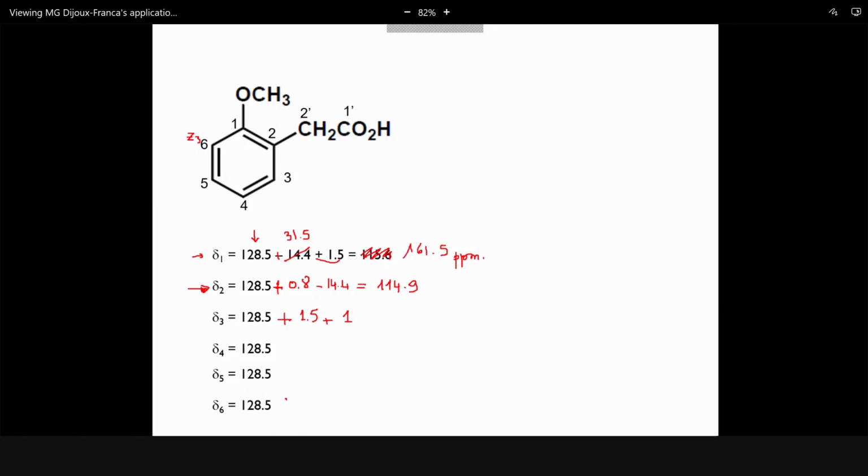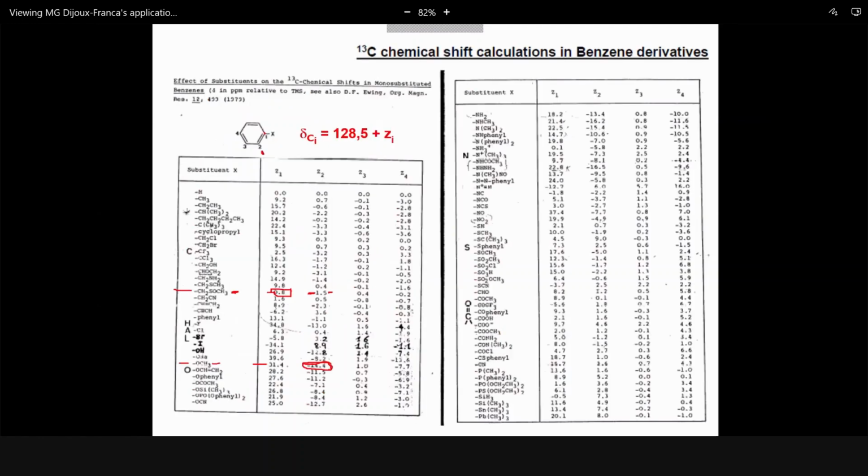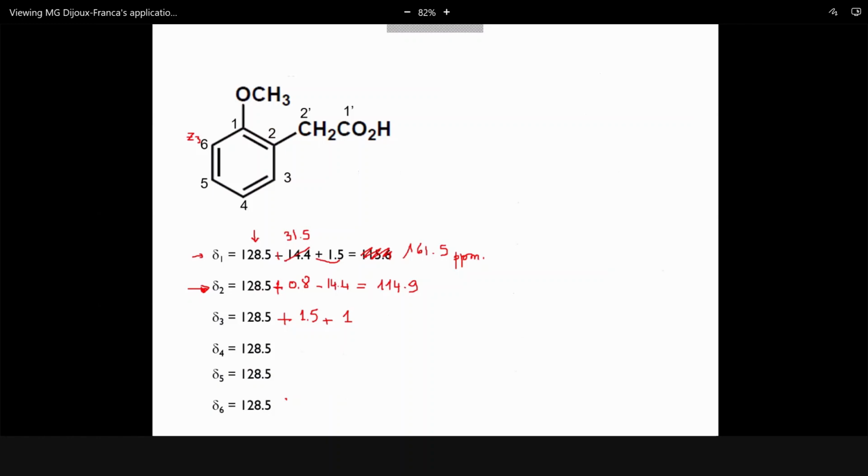No, just let me check. So we have in position 2 this 1.5, yes, and in position 3, yes, that's it. Which is, what's the result? 131.